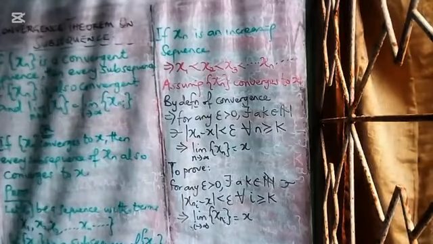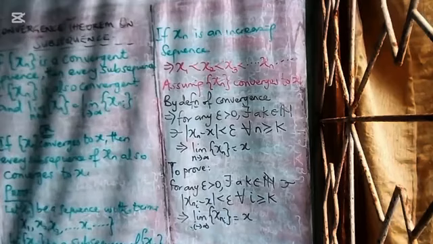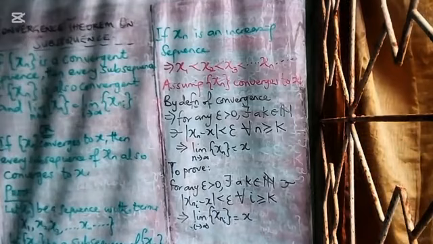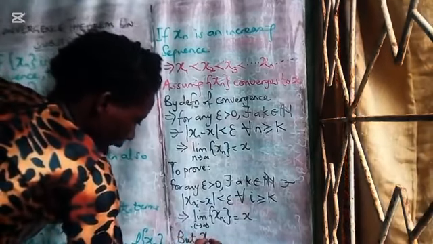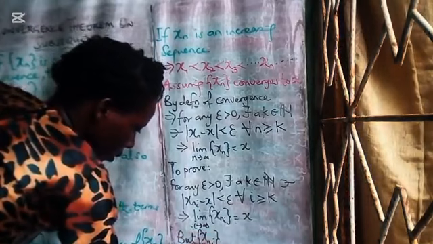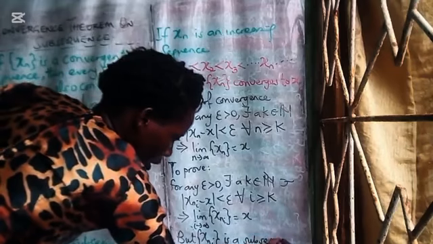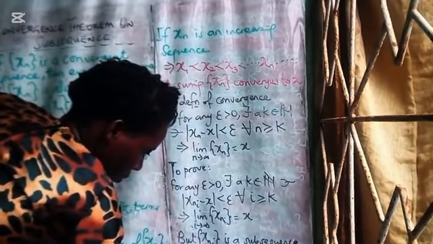But recall that x of ni is a subsequence of x of n.